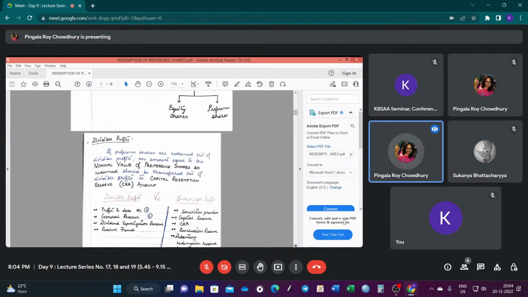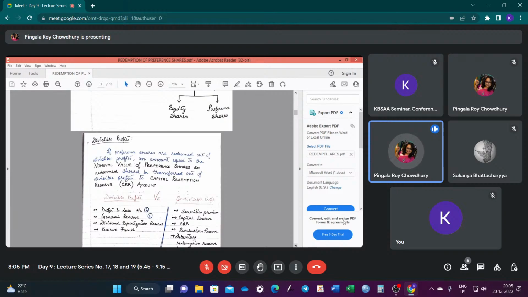The main purpose of creating this capital redemption reserve is to prevent the erosion of capital. Now the question is, what amount will have to be created for capital redemption reserve? The amount of preference shares which you are redeeming, the nominal value only.